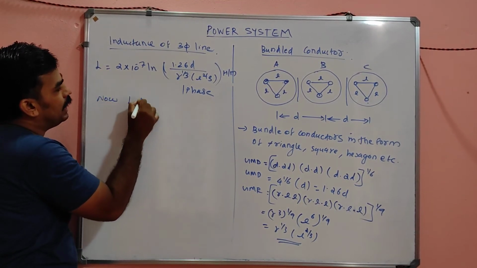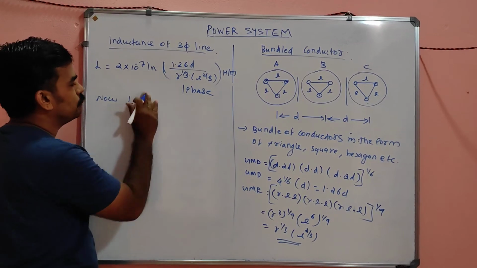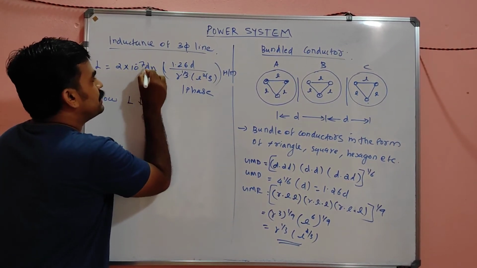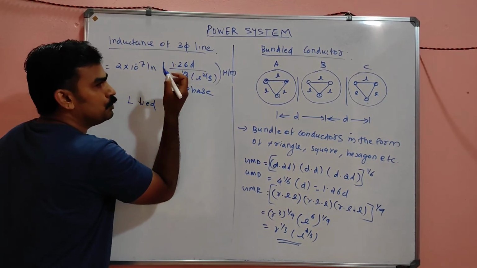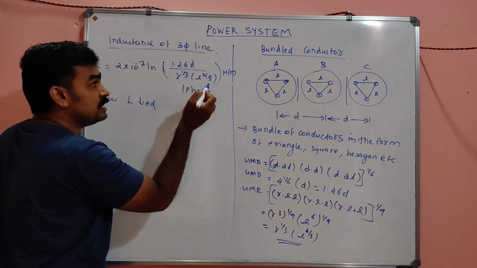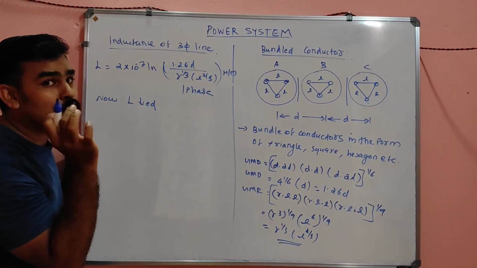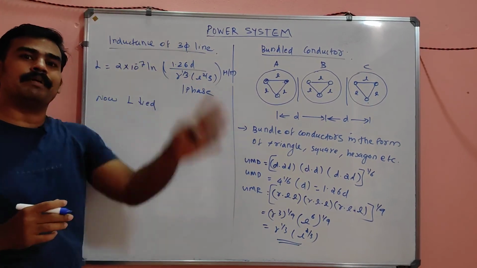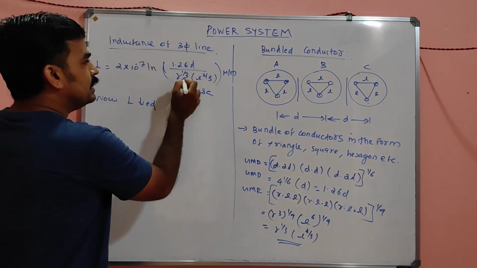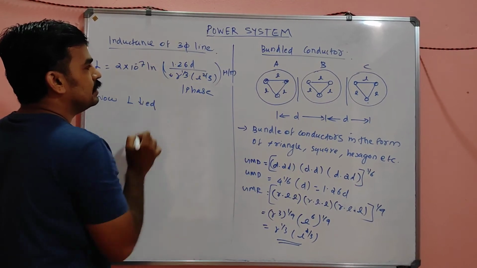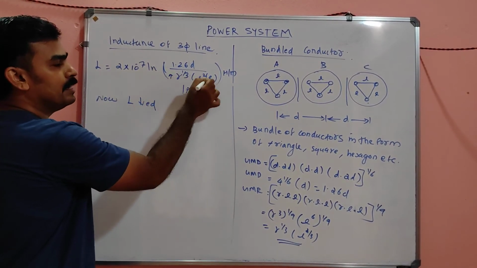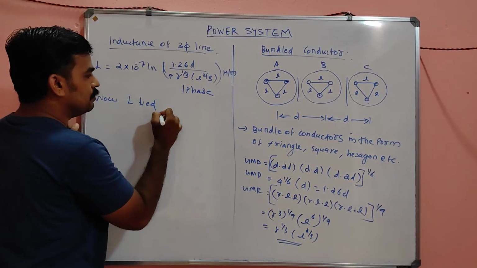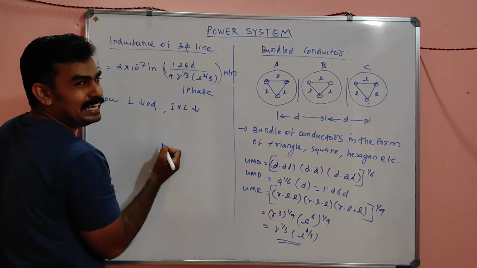Now L decreased, because in 2 into 10 raised to minus 7 Ln of 1.26 D, again there it is 1.26 D divided by R dash only, but now R raised to 1 by 3 into L raised to 2 by 3 terms increased, so this denominator increased, my dear. Denominator increased means the L will be decreased. So L decreased means I into XL also decreases.